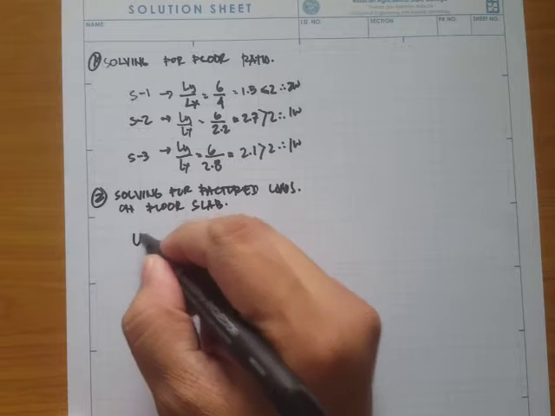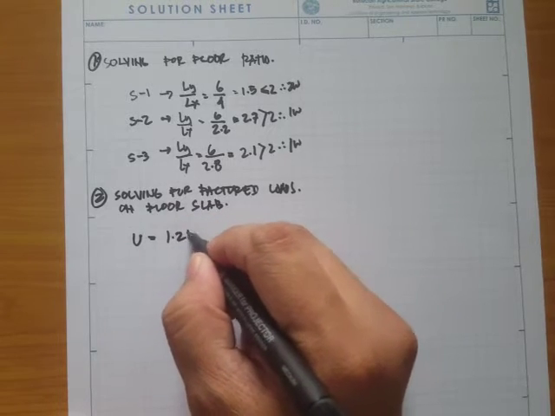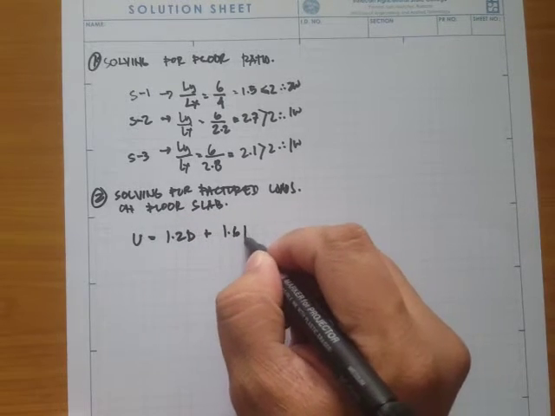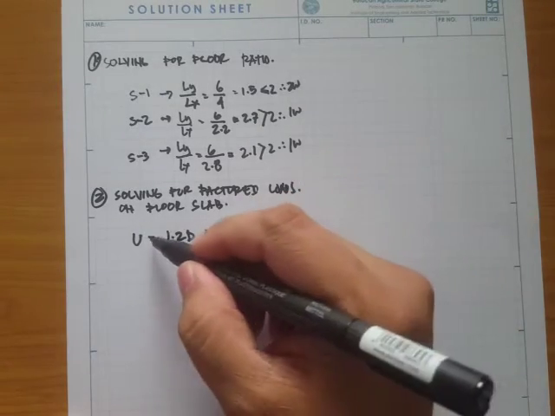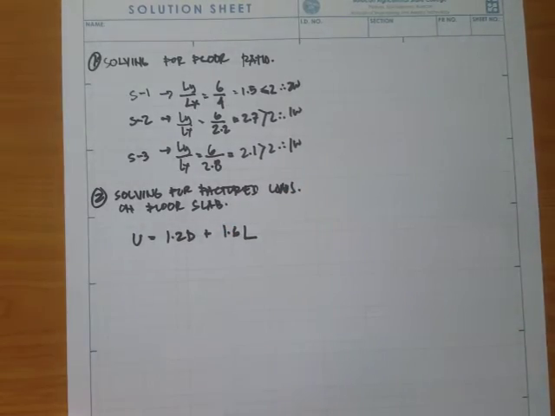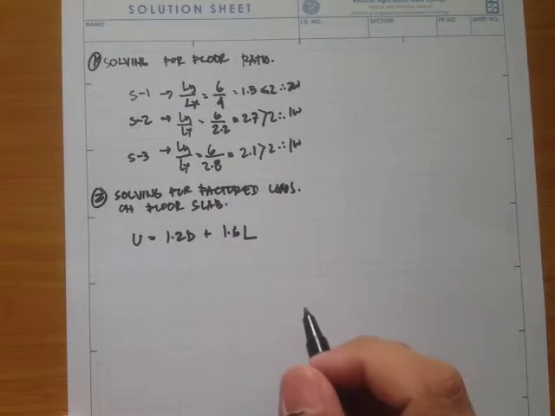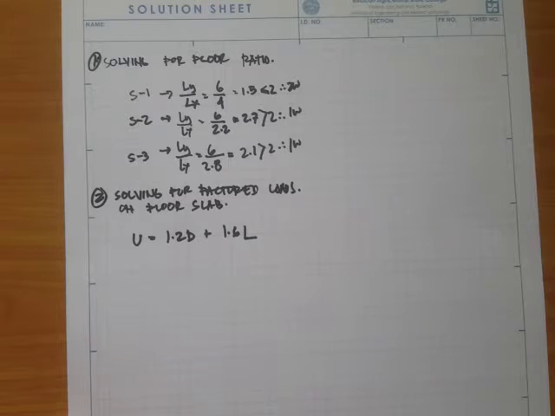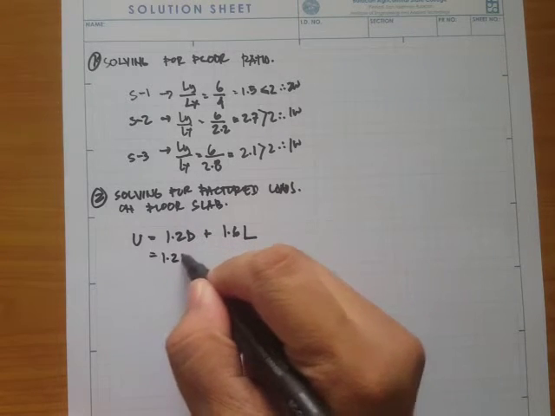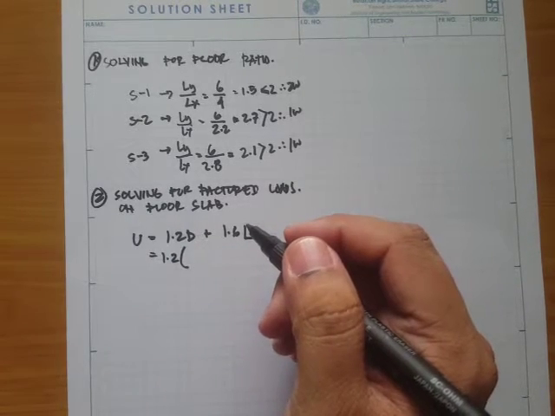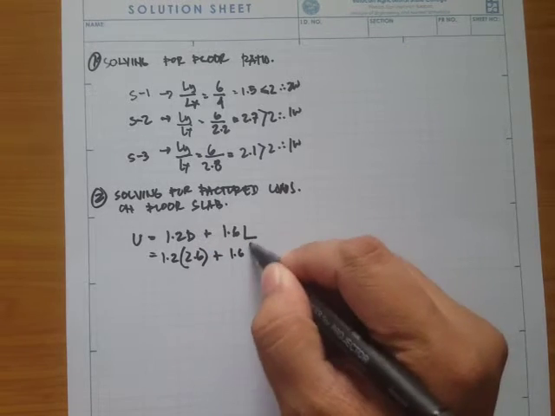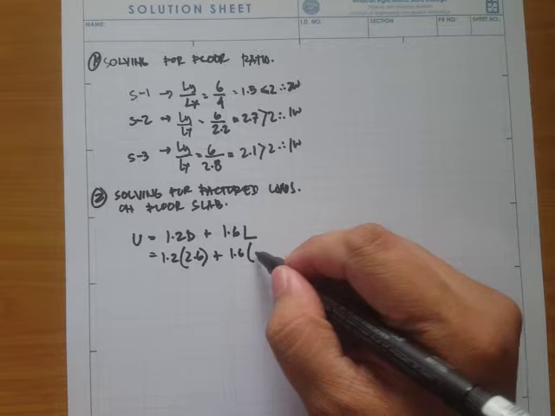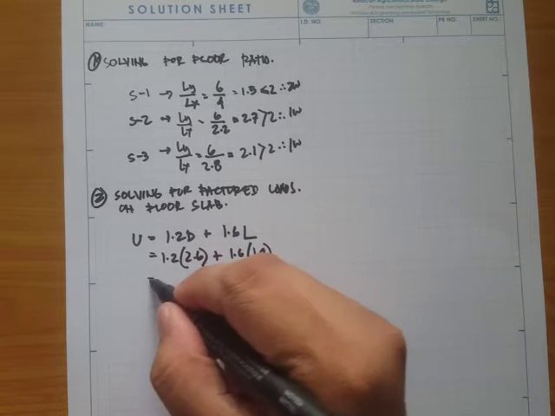Okay, so we have U equal to 1.2 dead plus 1.6 live. You can also try U equal to 1.4 dead, but the value would just be less. So 1.2 times the dead load, we have 2.6, plus 1.6 times the live load of 1.9.